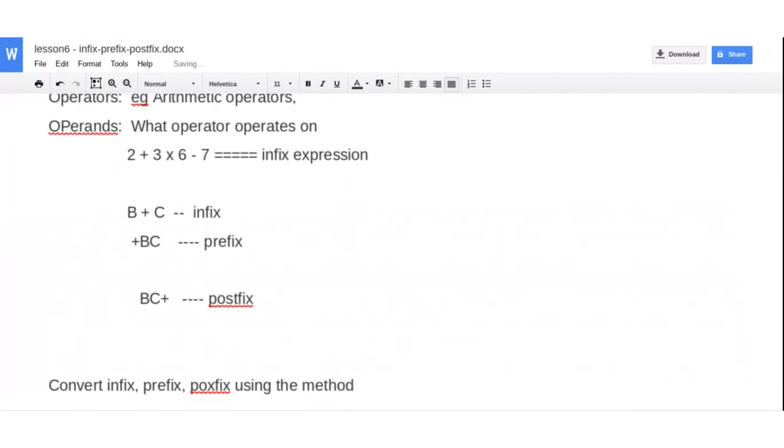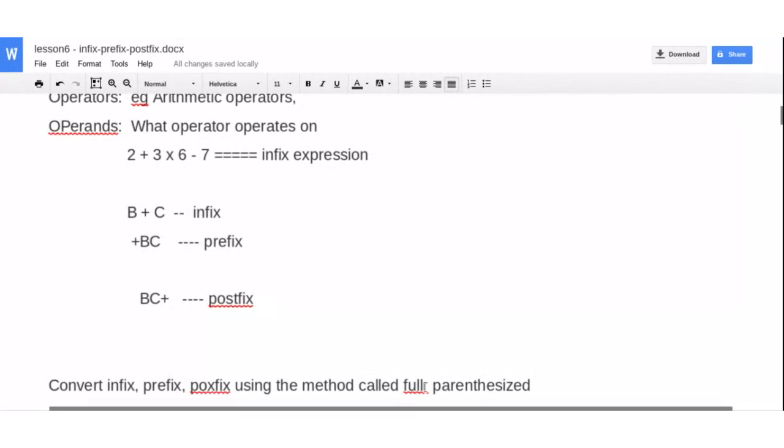The method is called fully parenthesizing. Fully parenthesized expressions.